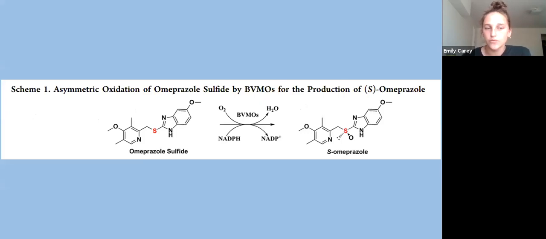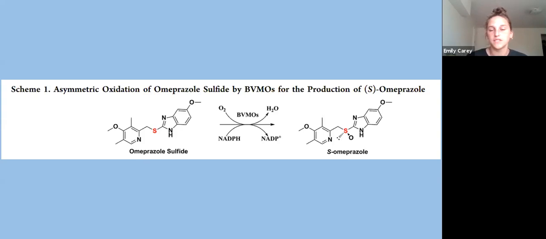So this is the process they went about using. Again, they started with this omeprazole sulfide, used the NADPH, the proton donor, or the electron donor, and used the O2. And they were able to make this S-omeprazole. So they used enzymatic asymmetric sulfoxidation using the molecular oxygen, which is the oxidant.